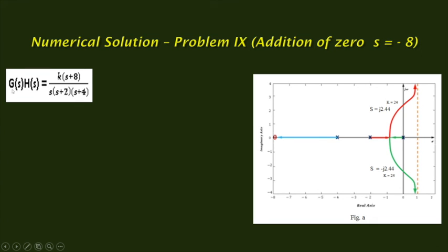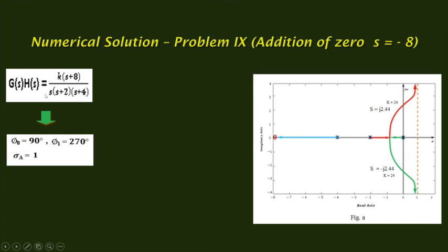So the example is considered: G(s)H(s) is equal to K into s plus 8 divided by s into s plus 2 into s plus 4. Then here the number of poles is 3, zero is 1, then P minus Z equal to 2. So 2 angles of asymptote and 2 numbers of asymptote exist in this system.